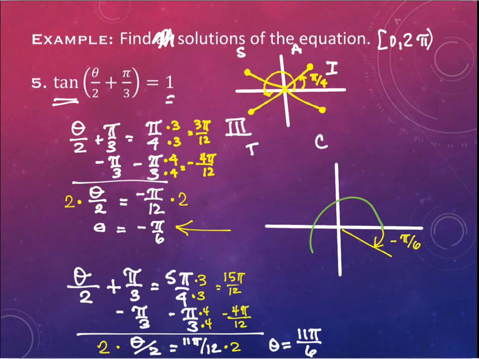If we go this way around instead, it will be 11 pi over 6. So it actually ends up giving me the same thing I already have down here. That doesn't always happen. I want you to recognize that that's unique in this particular one. That is not an always thing. If it was like negative pi over 4, then it would be 7 pi over 4. So it just depends on the angles you're working with.